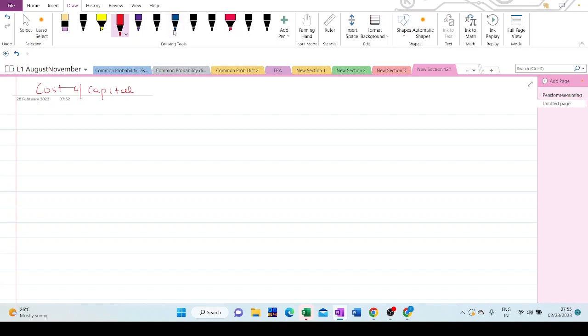Basically, guys, there are three ways in which we can raise capital. First is your common equity. Next is your preferred equity, and last is your debt.